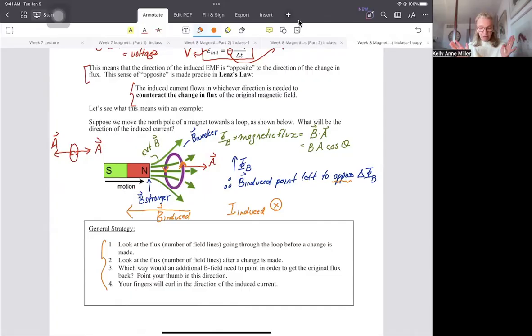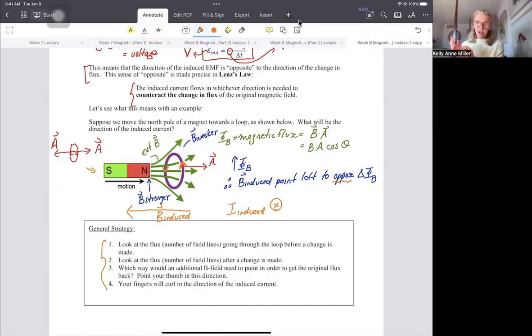So you look at the flux, you figure out what's happening to it, if it's increasing or decreasing, and in which direction. And then you ask yourself, which way does the induced B field need to point in order to get back to the original flux, right? If you think of the picture we just considered, when I move the magnet to the right, the flux gets bigger.